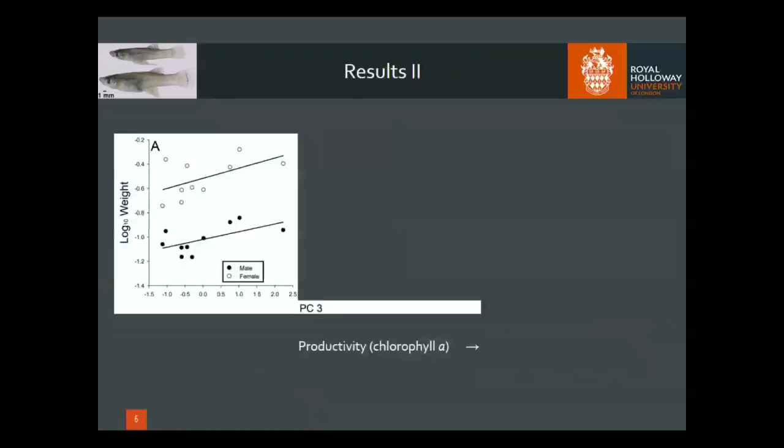Now looking at some of the other traits, in this case along PC3 and 4, the nice thing was that they only had one environmental variable that loaded really high onto them, so it makes it a lot easier to interpret what might be driving this. In this case, it's basically productivity, measured by us as chlorophyll A. And if we get into more productive habitats, we also get an increase in size, measured as weight in these fish.